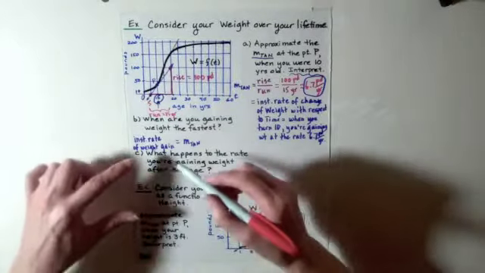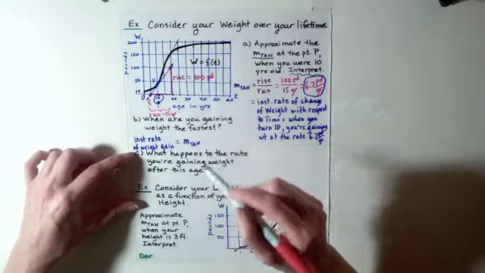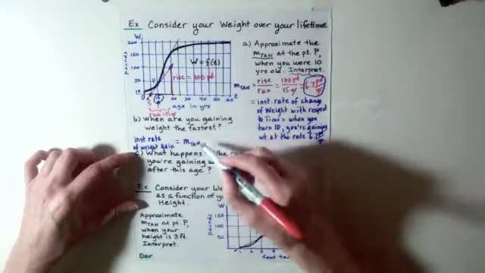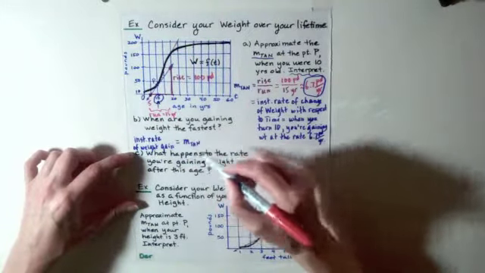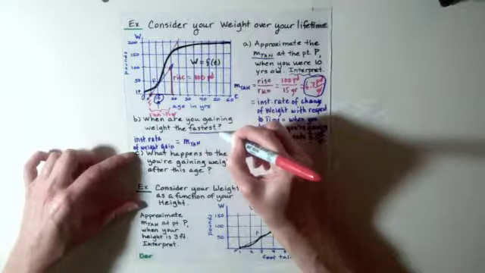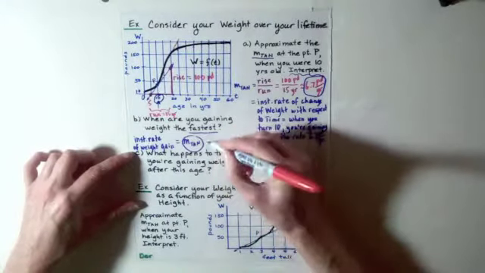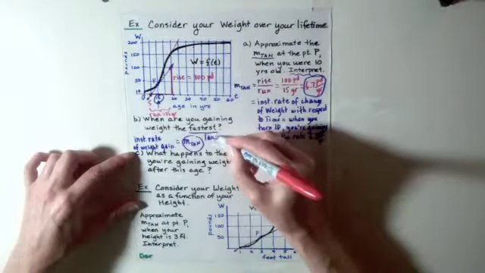Well, we said the instantaneous rate of weight gain, the instantaneous rate of change of W with respect to t, is the slope of the tangent line. So when I ask, when are you gaining weight the fastest, I'm really asking, when is the slope of the tangent line the largest?